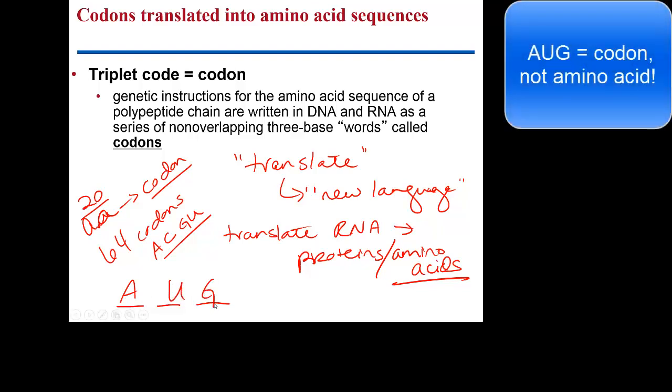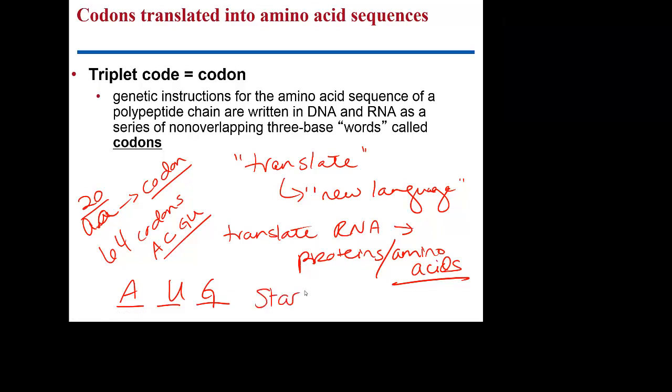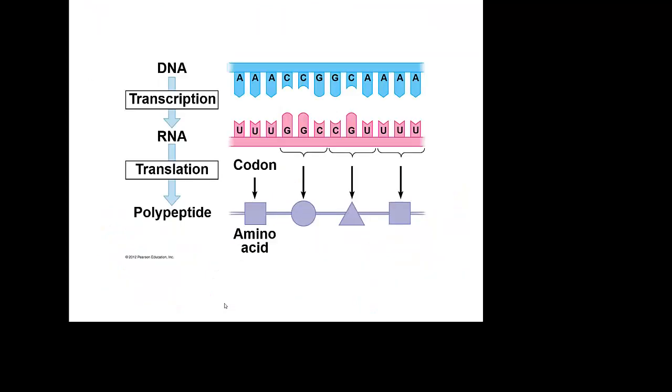AUG is one of the most common codons, and we'll see it later on. It's something known as the start codon. This 3-letter sequence starts every single protein made in your body. Every one of them, no exceptions.